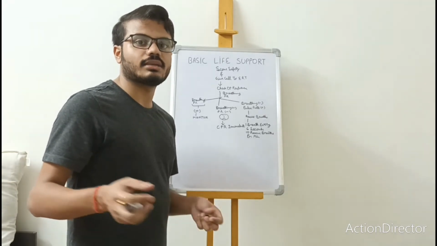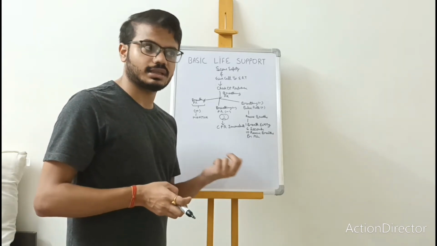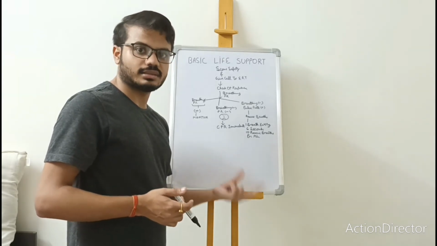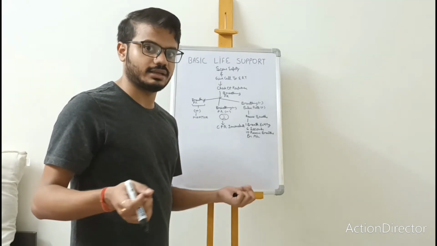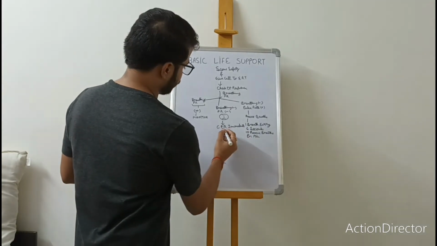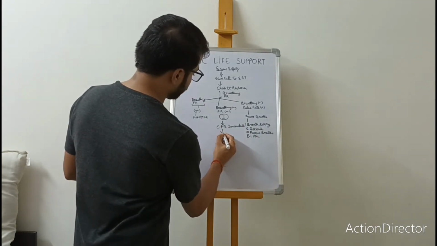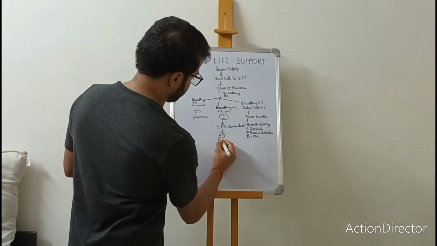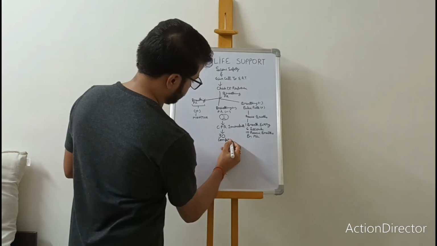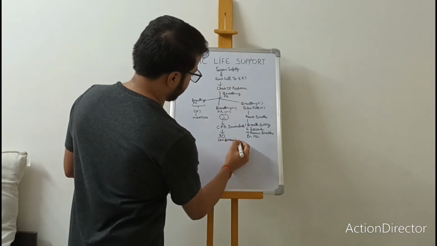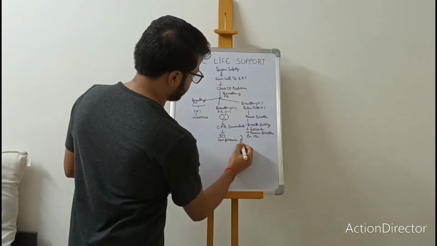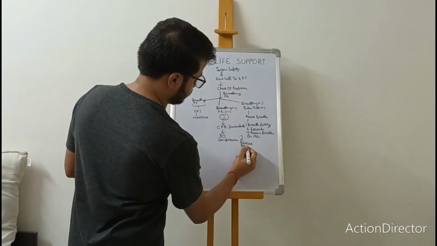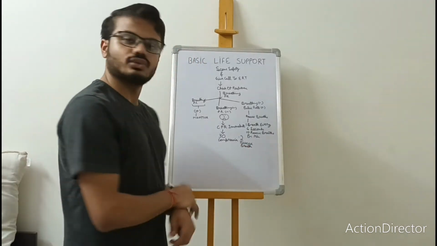You can take help of any other person in the crowd or any place who may know the same, or you may guide them yourself. Now what is the ratio? 30 compressions and 2 rescue breaths you have to give.